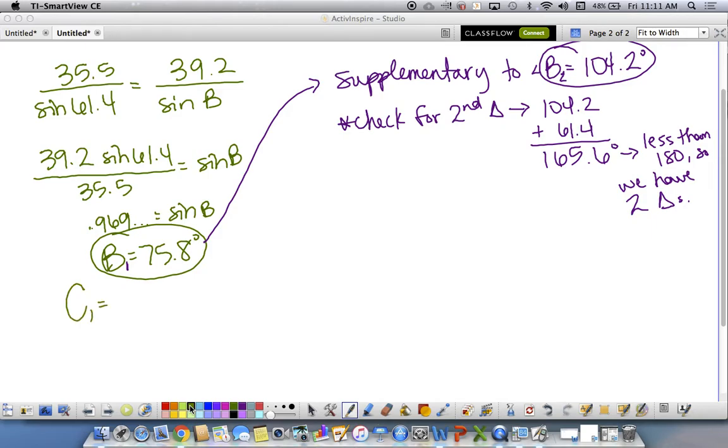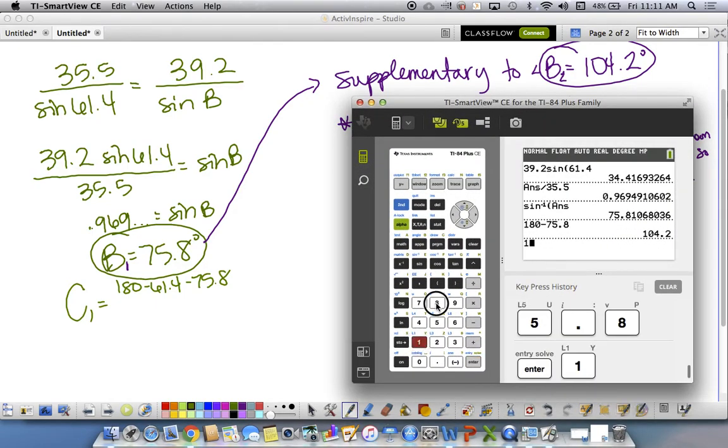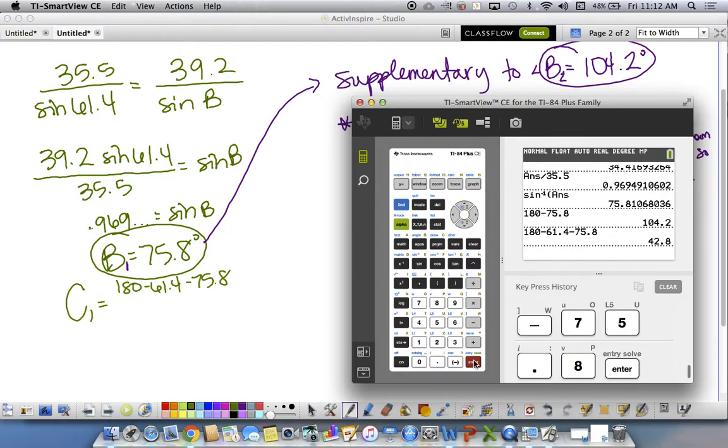Okay, so for B1, can I find the other angle, C1? I'm going to subtract 180 minus 61.4 minus 75.8. And what do we get? 42.8.